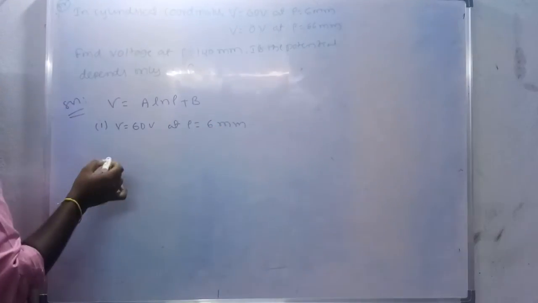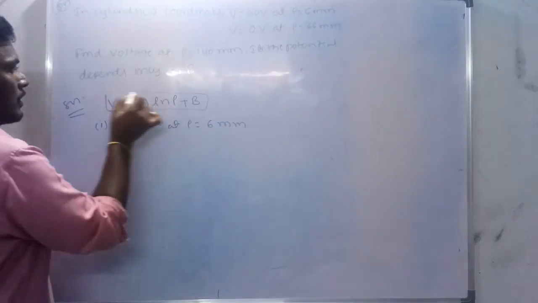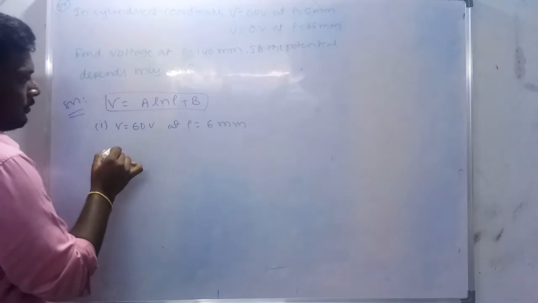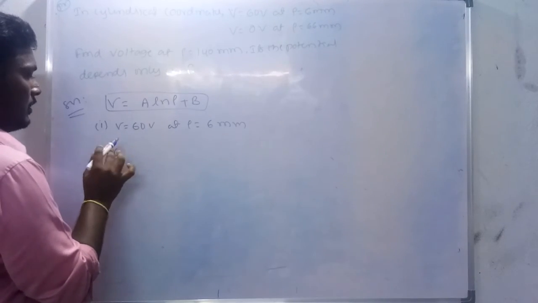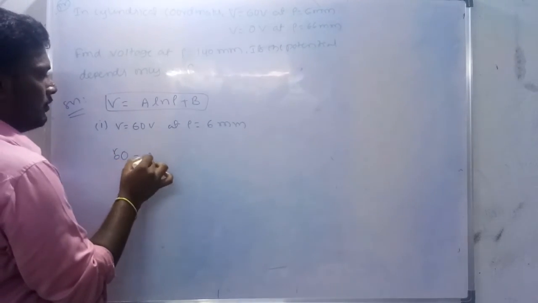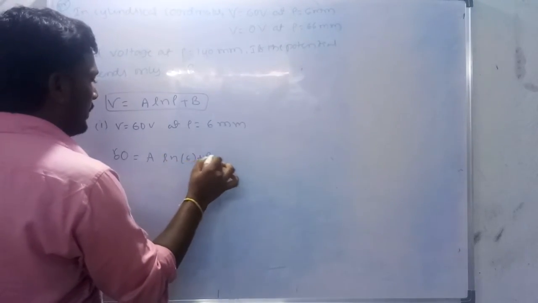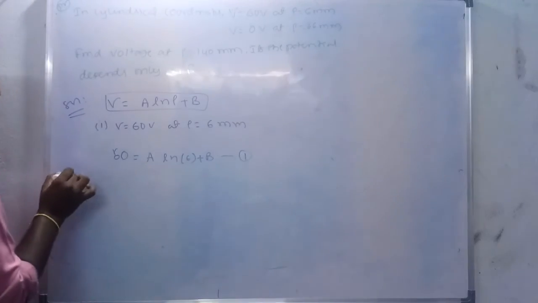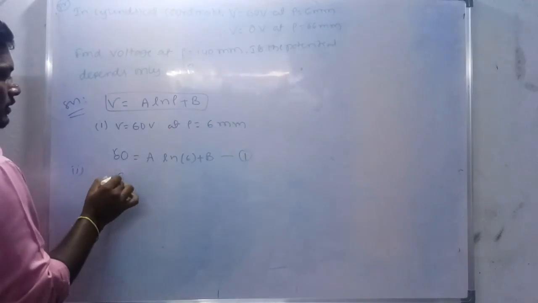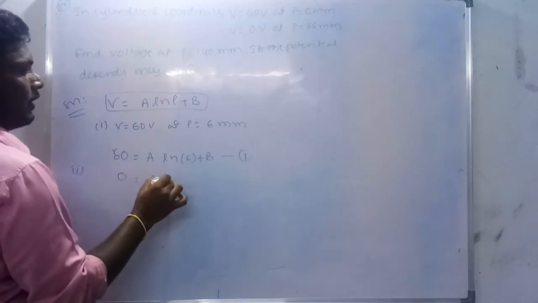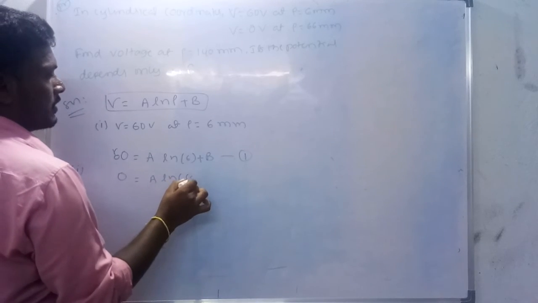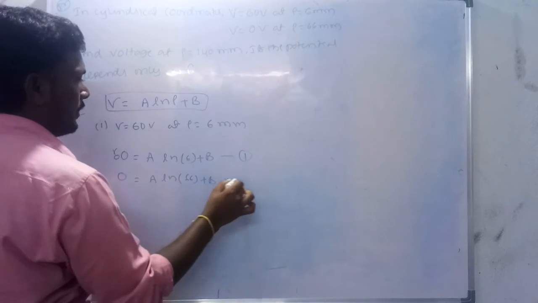Substitute that in this equation: 60 is equal to A ln of 6 plus B, equation 1. Similarly for 2, 0 is equal to A ln of 66 plus B.